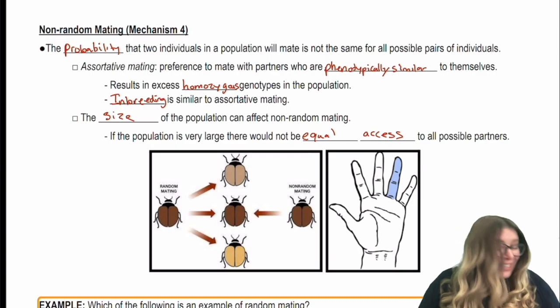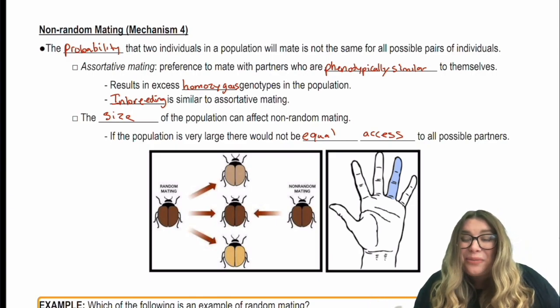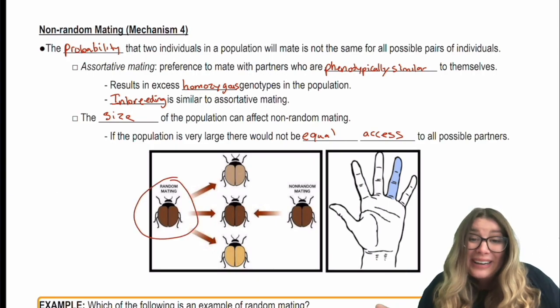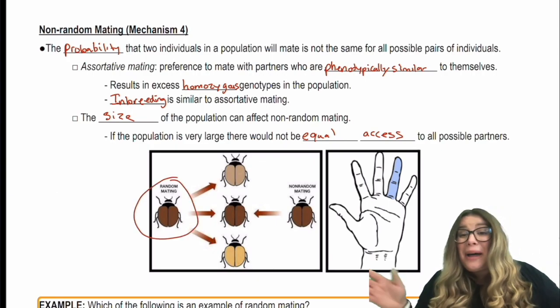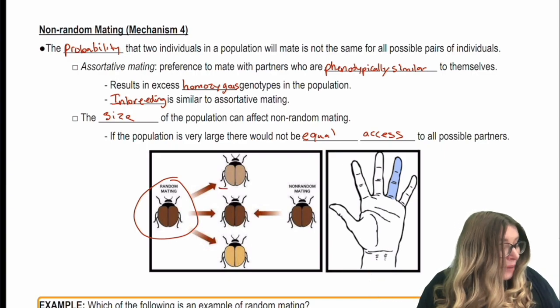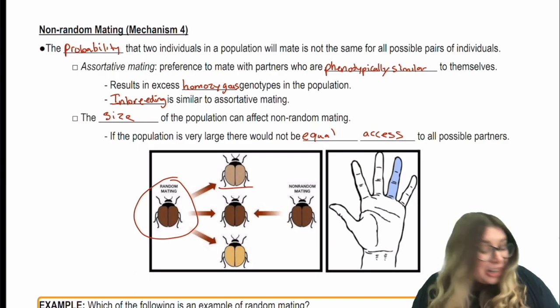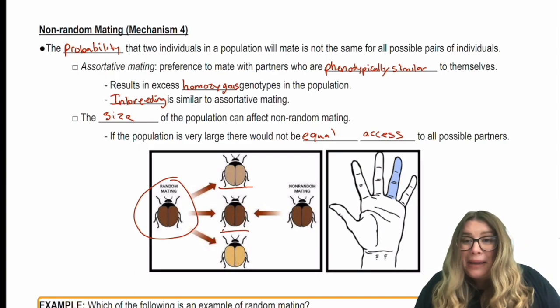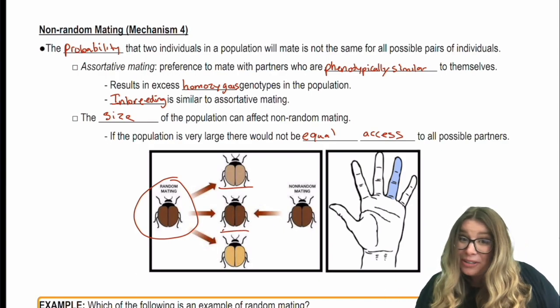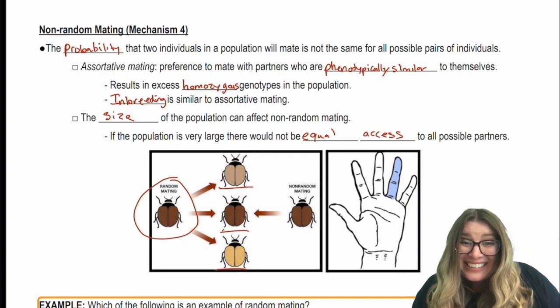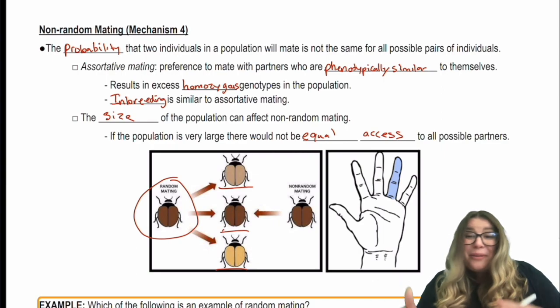Look at this example here with our beetles. On the left side, we have a beetle that is doing random mating, because it might mate with the beetle on top with that tan color. It's not phenotypically similar to it. It could possibly mate with that one that is similar to it, and it could possibly mate with that one that has the yellow back. That would be random mating.